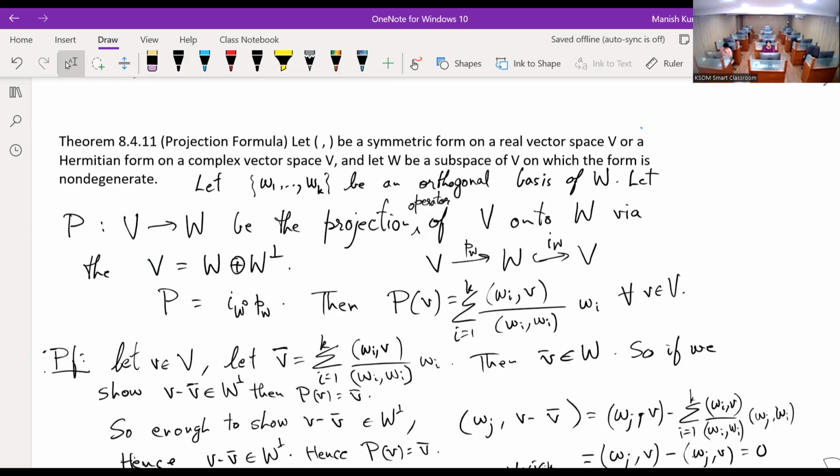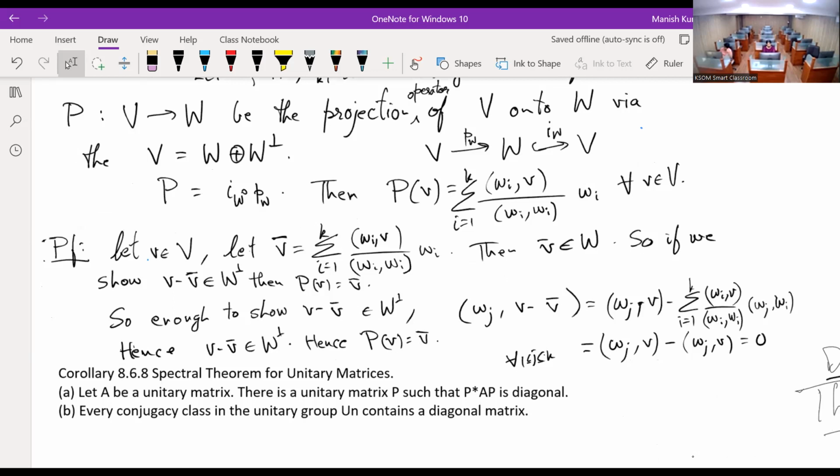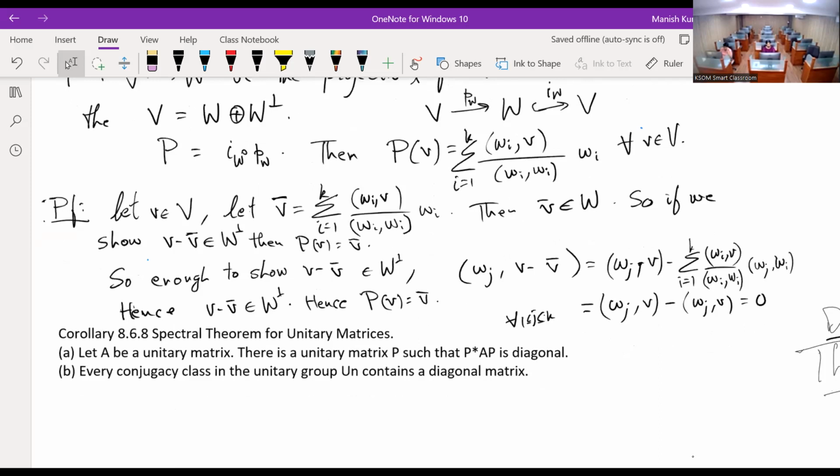Maybe I'll put it as homework, how you can use this formula to convert any basis to an orthogonal basis.